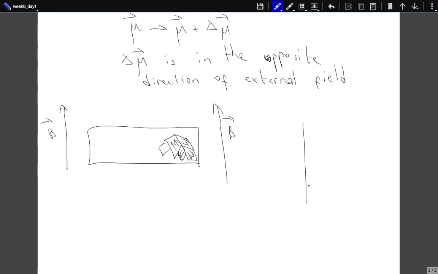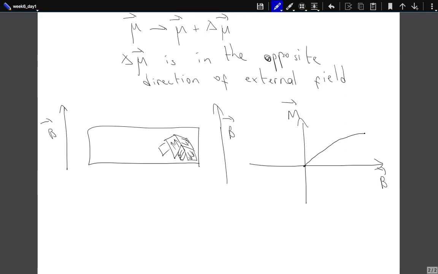And if you plot the magnetization of such materials as a function of the applied field, so let's say you start with an unmagnetized object and you increase B, it starts to get magnetized.